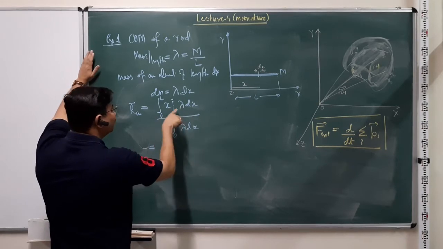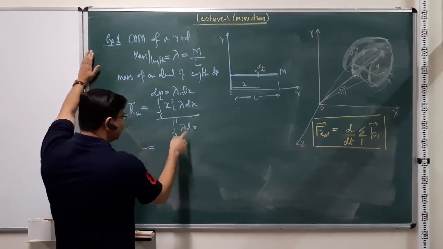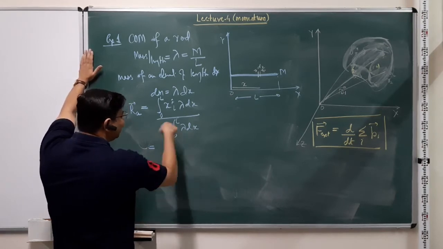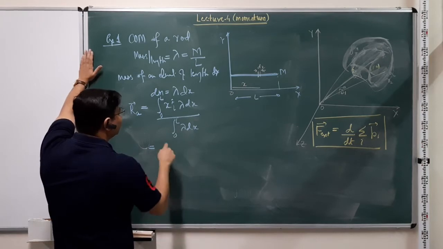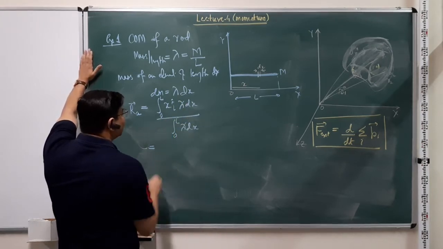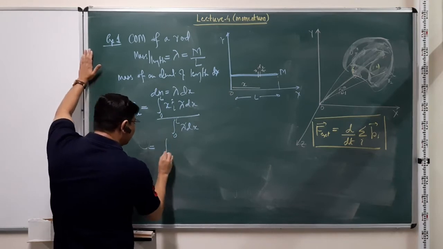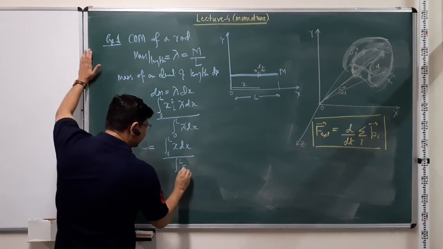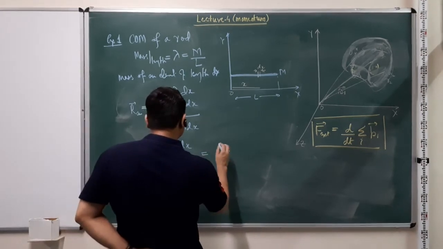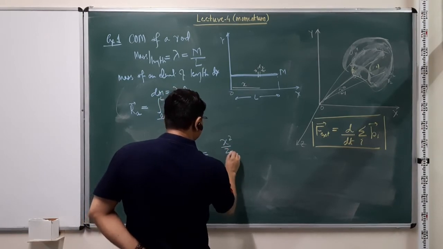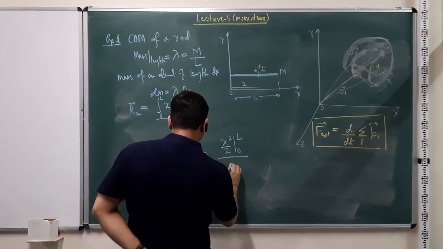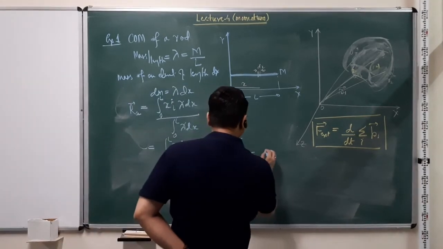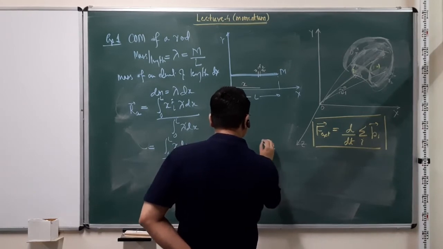It's very simple. Lambda is constant, so it can be taken out, and it will simply cancel out. In fact, this term is only going to give me total mass. So let me cancel this out, and this will be integral 0 to L x dx upon integral 0 to L dx, which gives us x squared by 2 from 0 to L upon x from 0 to L, so upon L, and this is then L by 2.